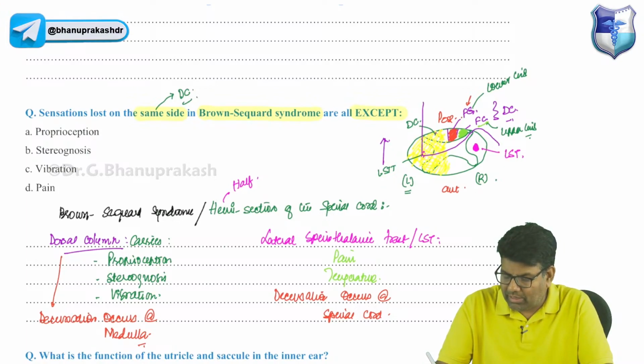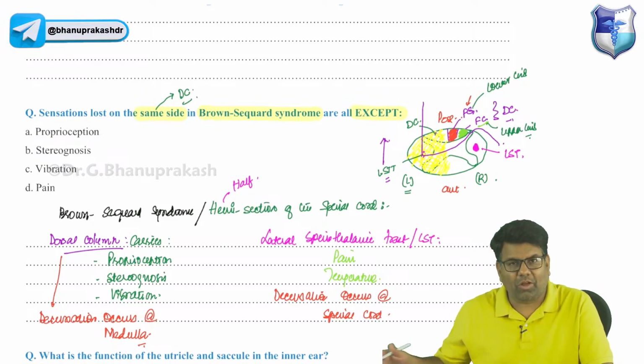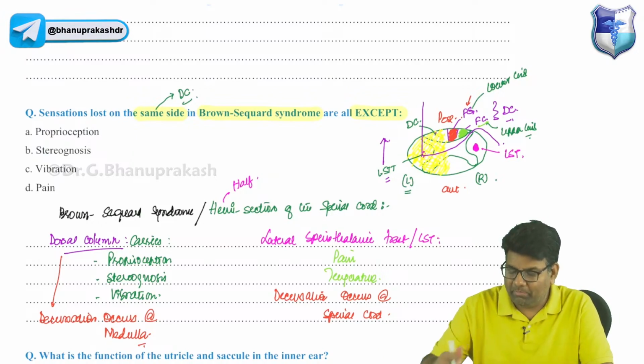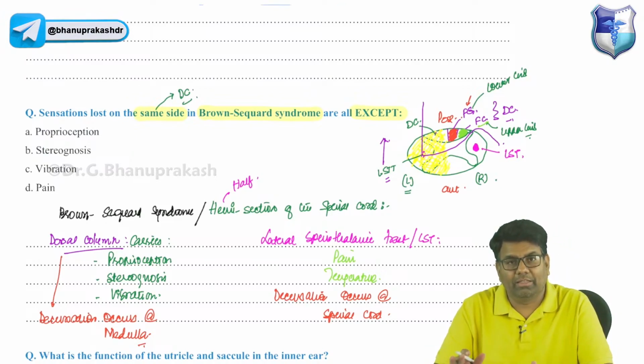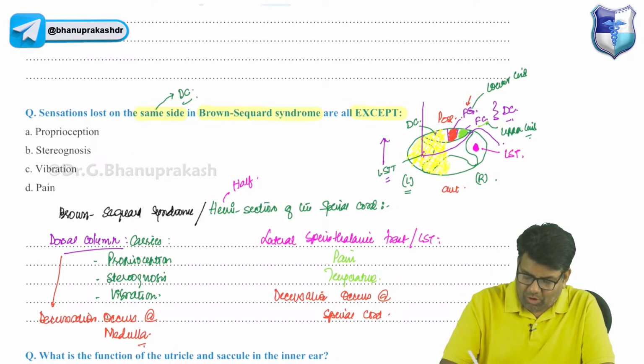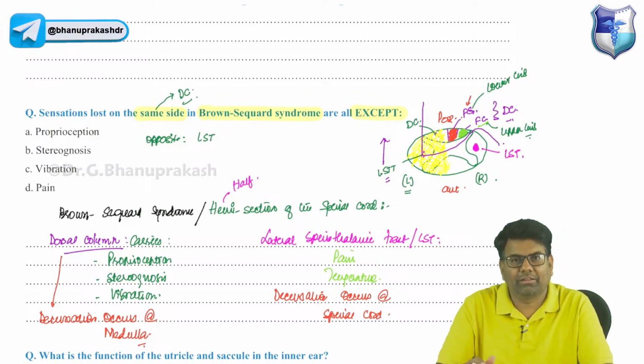The lateral spinothalamic tract present on the left side is the one coming from the right side, and since it has crossed at the level of the spinal cord only, it will affect the sensations of the opposite side, right? So the opposite side is the lateral spinothalamic tract. Clear?